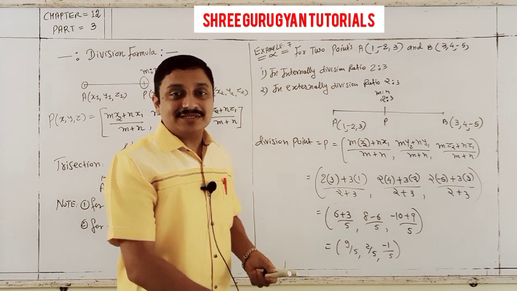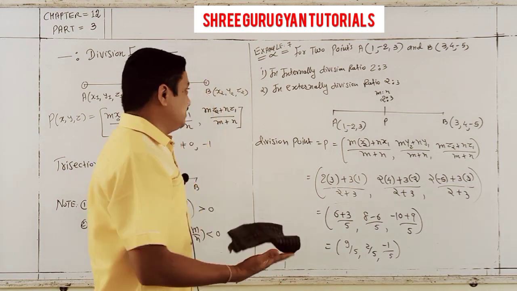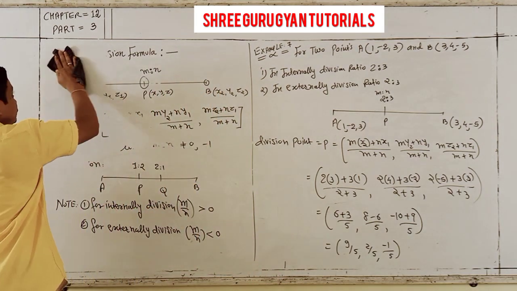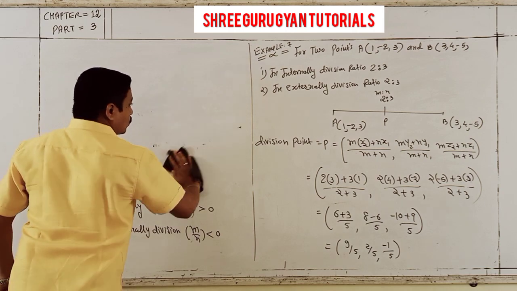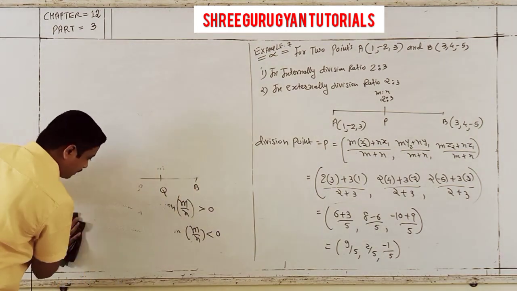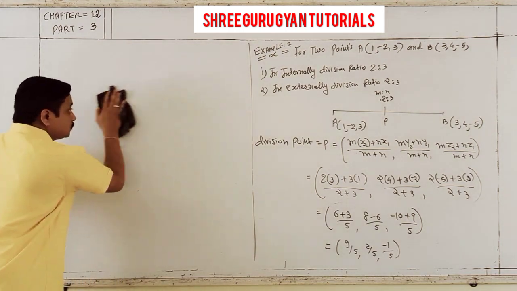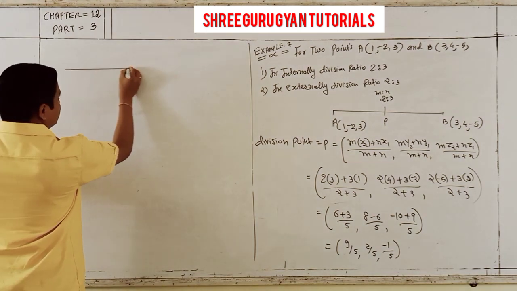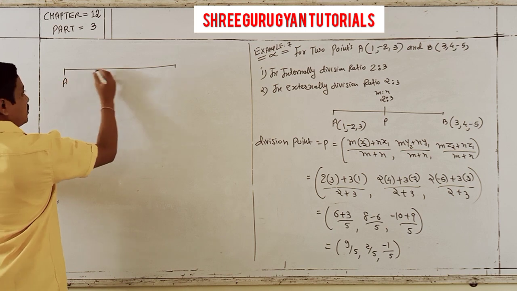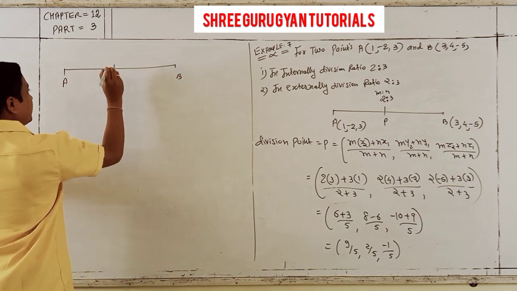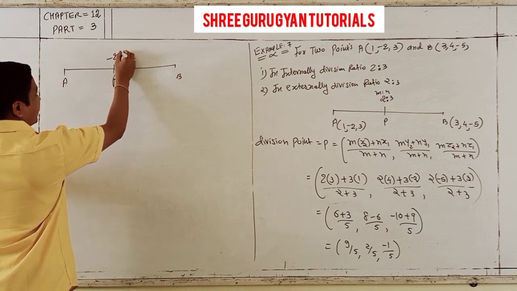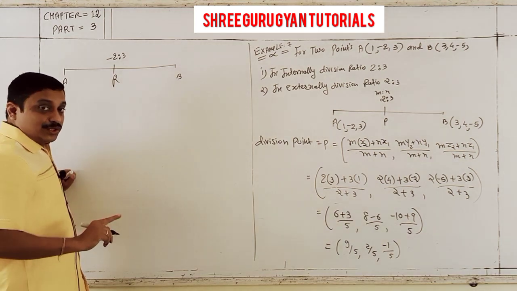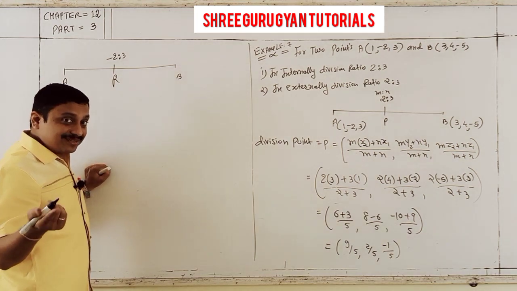Now I go to the second part, the external division. In the second way, external division, A to B, the same. Here the ratio is 2:3 but I take it with a minus sign, minus 2:3, then it is also true.